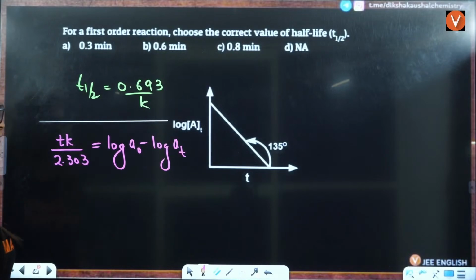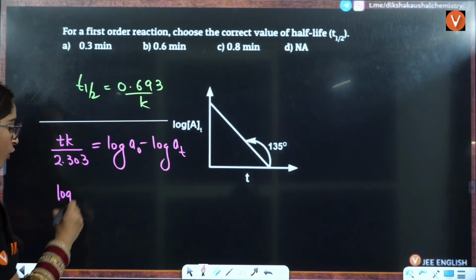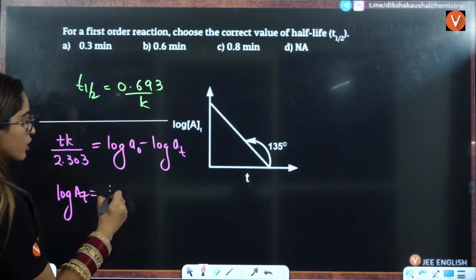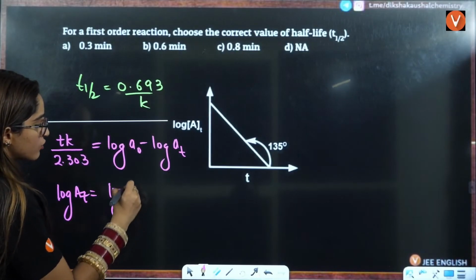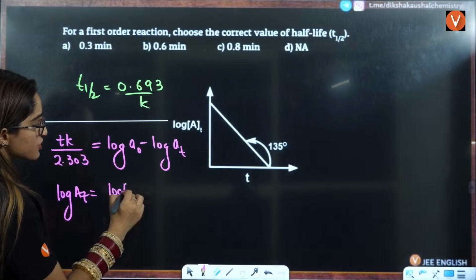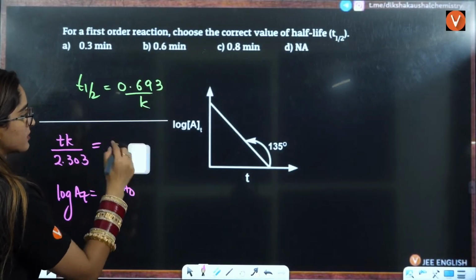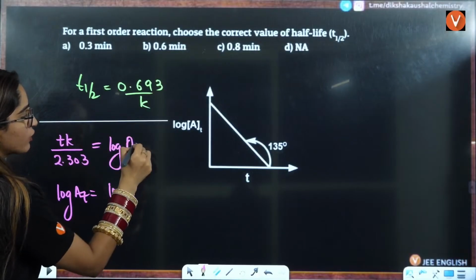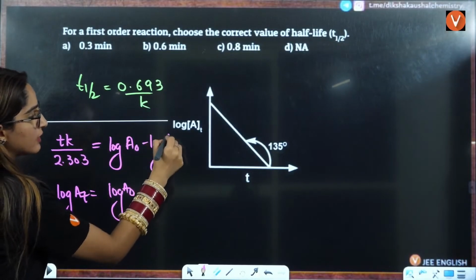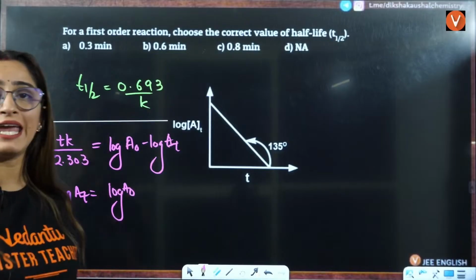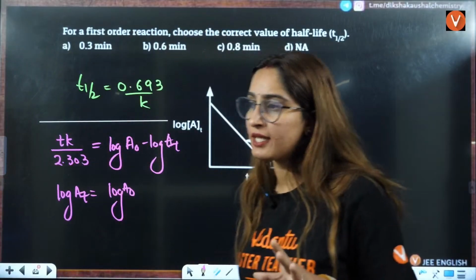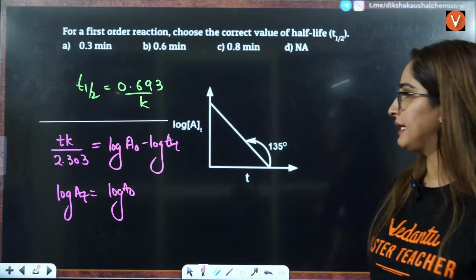Okay. So if you try to find the log of AT here, log of AT will be equal to log of A0, that is the initial concentration, right? You can also put it here as log of A0 minus log of AT. Why? Because log of A0 divided by AT is equal to log of A0 minus log of AT, right?